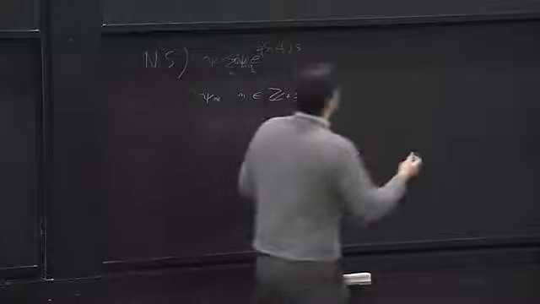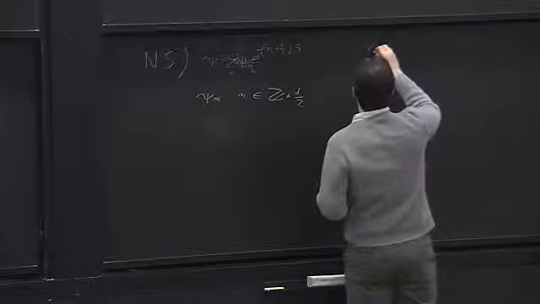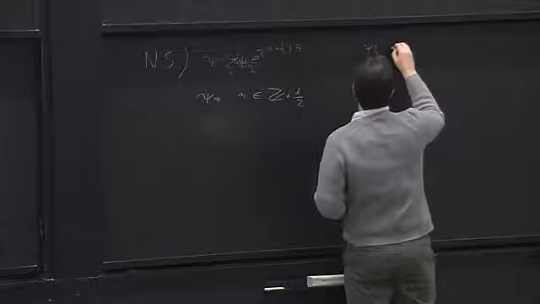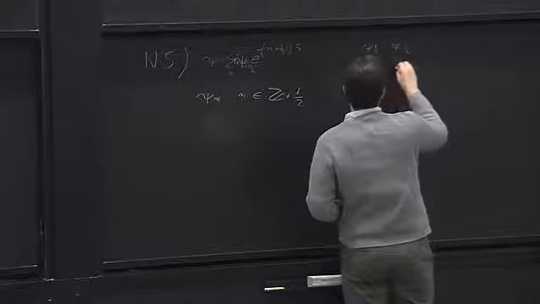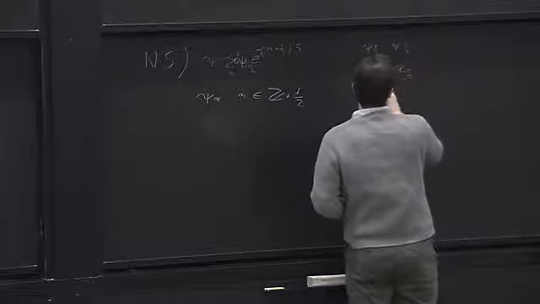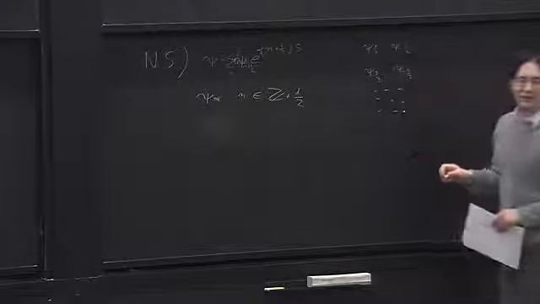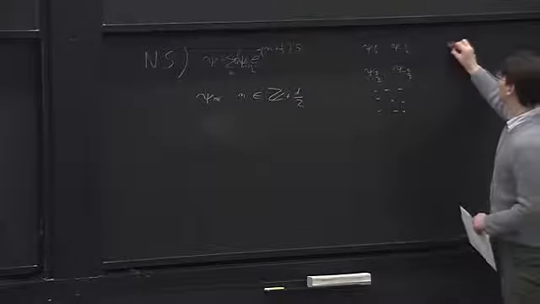So the Fourier modes I have are things like psi 1/2, psi minus 1/2, psi 3/2, psi minus 3/2, etc. And they anti-commute.